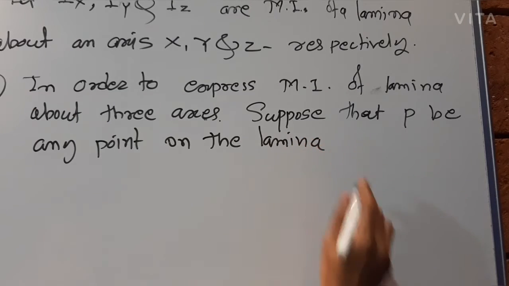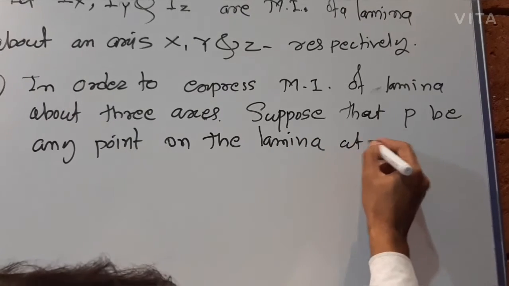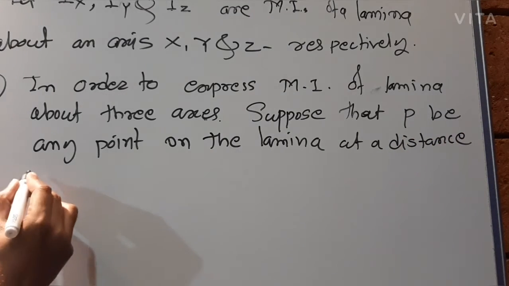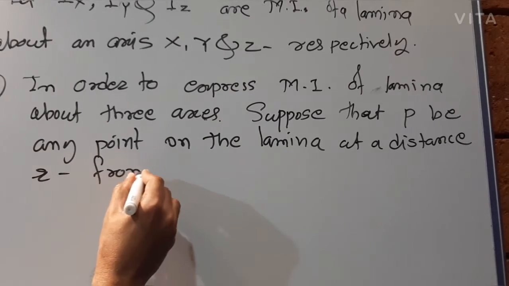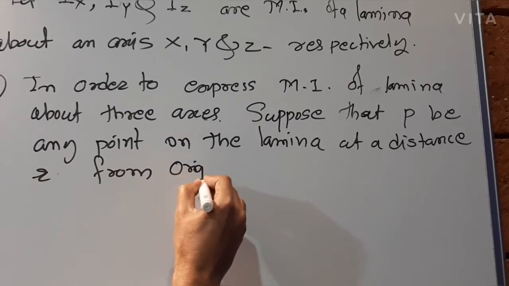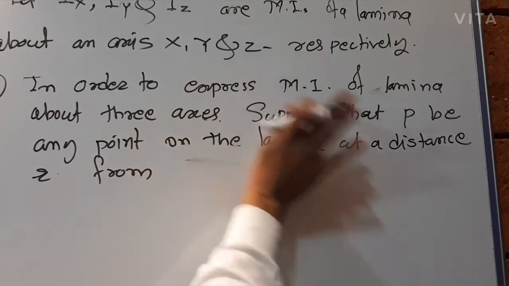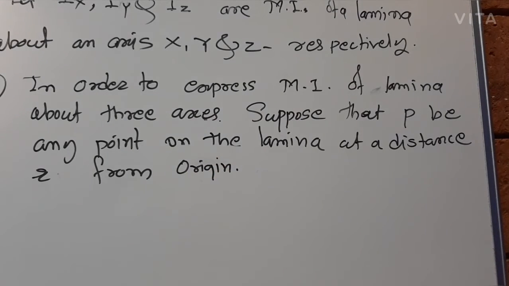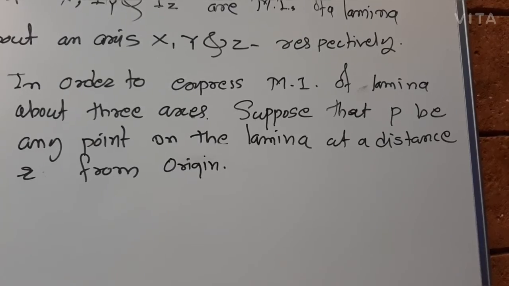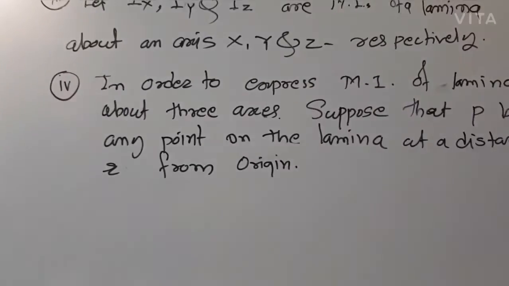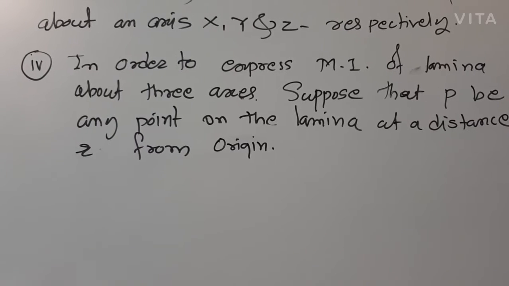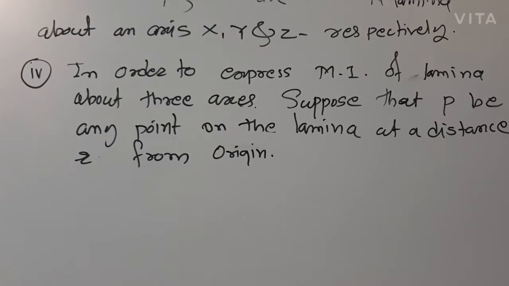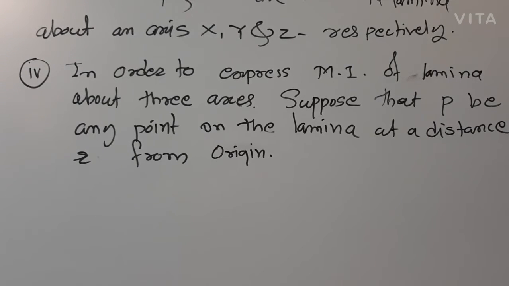It is shown in the figure. Any point on a lamina at a distance r from the origin. Suppose that P is any point at a distance r from the origin, and it is already shown in this figure.